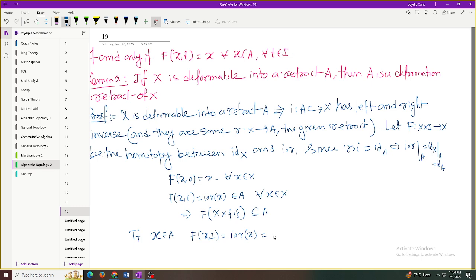Now rx equals x, as r is a retract. So we are done. Okay, now this is correct.